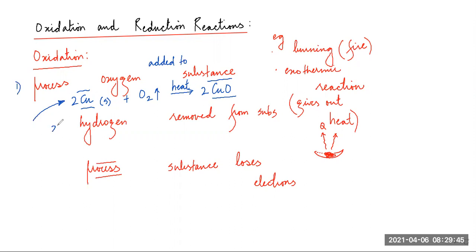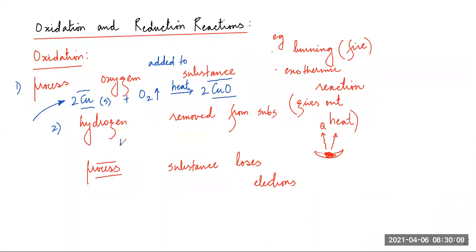Or it can also be a process in which hydrogen is removed from a substance. See, these are opposite things. If oxygen is added, then the other possibility of oxidation is that hydrogen is removed from the substance, not added. So let's take an example.